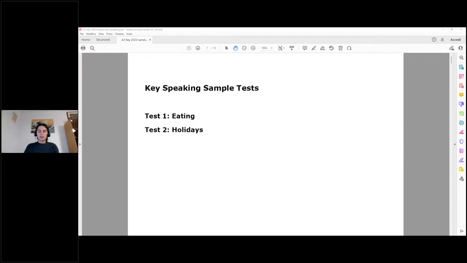For example, do you like going to malls? Mall is American English for a shopping center, you know? Do you like to go shopping downtown, for example?